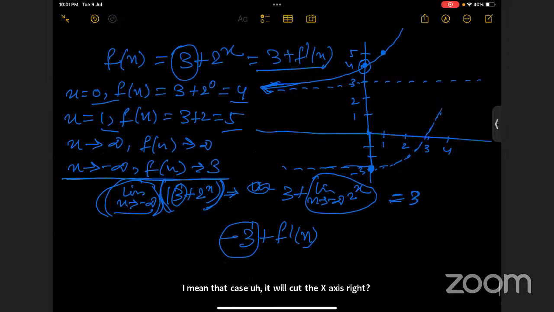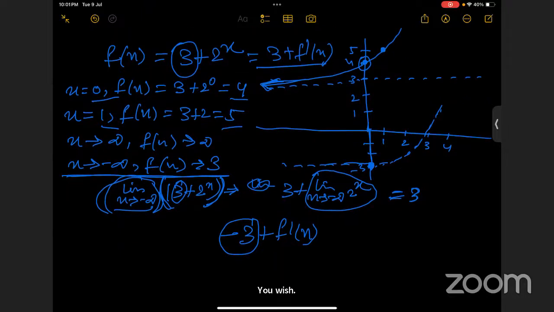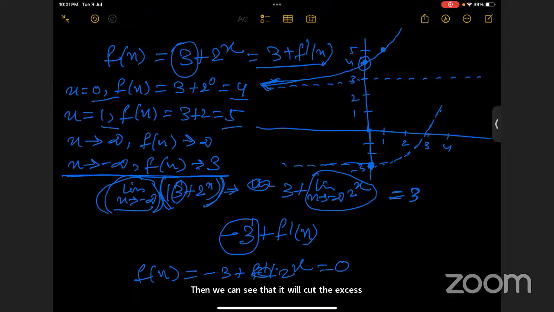So if we have f of x equals minus 3 plus 2 power x, then we can see that it will cut the x-axis. That means there will be some value for which this is 0, right? That means 2 power x equals 3.